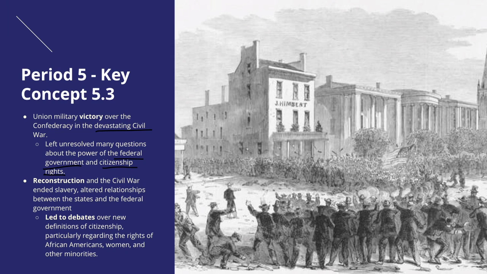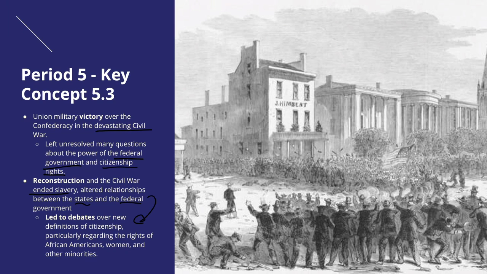All right. And we're going to see Reconstruction is going to really start to kick in after the Civil War. It's going to end slavery. It's going to change the relationships between the state and the federal level of government. And that is going to also tie us in to even more debate. We're going to see new debates over what citizenship should look like.